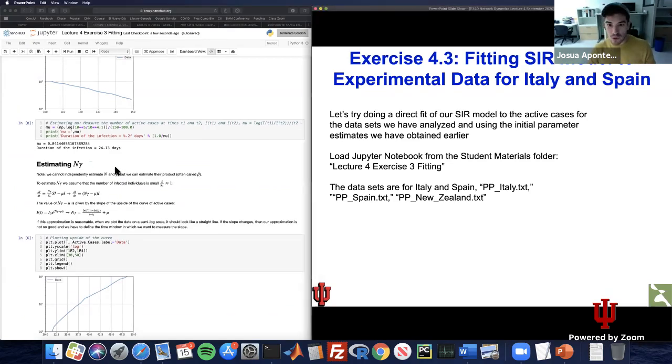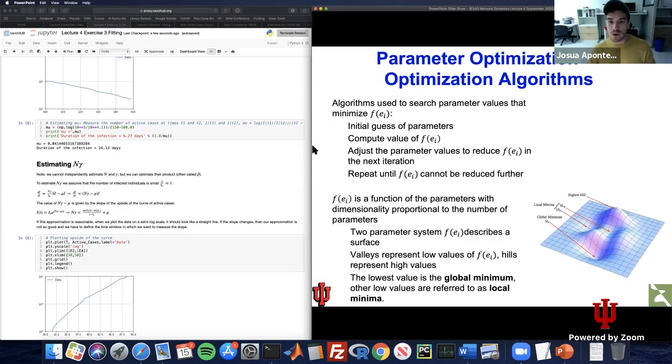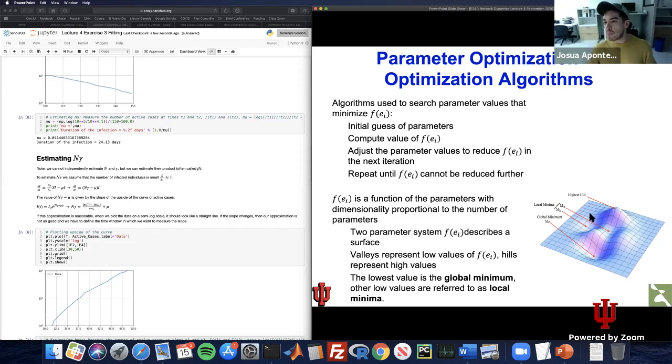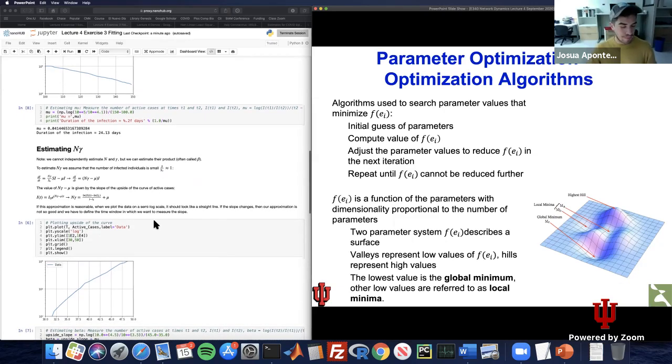If we come back to how the algorithm works, we need an initial guess of parameters. So we're going to use our estimates as our starting point for the algorithm. That's why James was mentioning that it's important for us to have these numbers, because we're going to use them as our initial guesses. So basically we're choosing a point on this surface to start with.